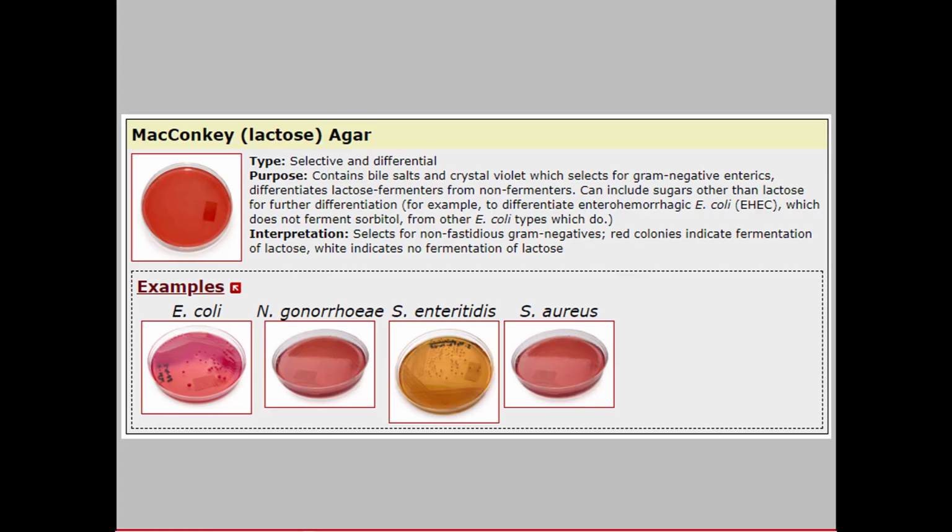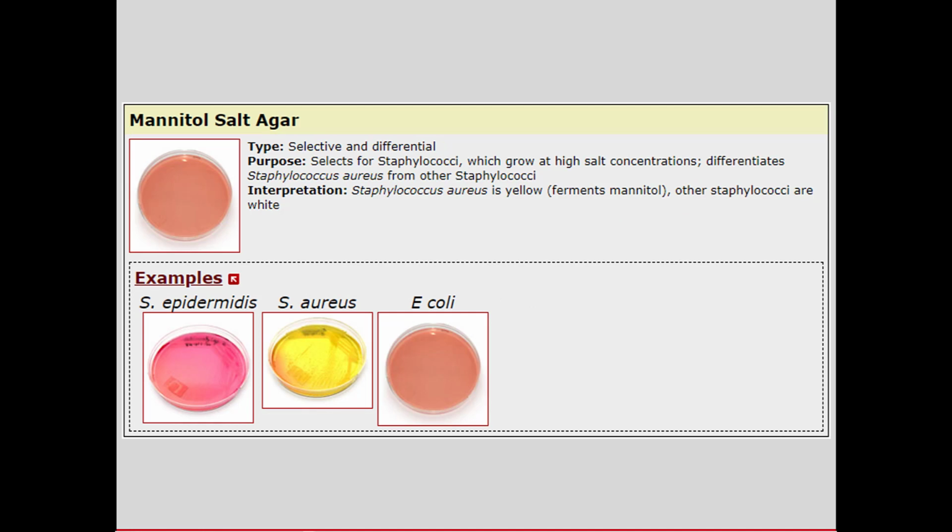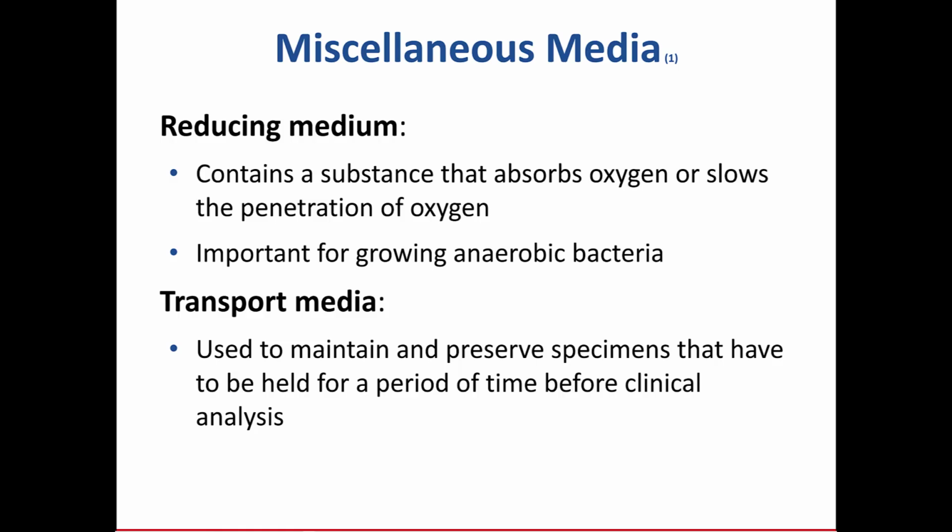And so there's the MacConkey plates, and we've already gone over this, and the mannitol salt agar, which is a really nice one to differentiate staph and other species of staph like epidermidis and Staph aureus. Look at the difference from the differential point of view of the yellow versus the pinkish color, and it's strictly a pH thing where E. coli won't grow on a mannitol.